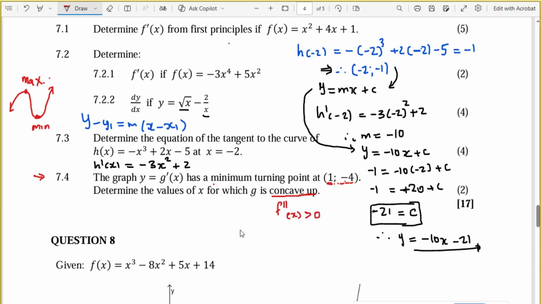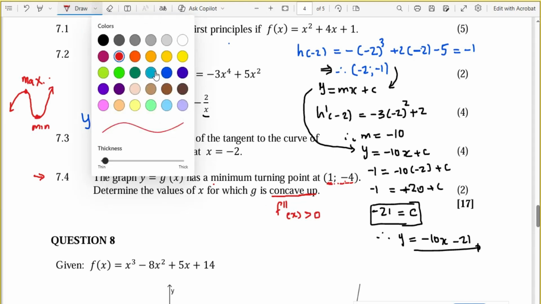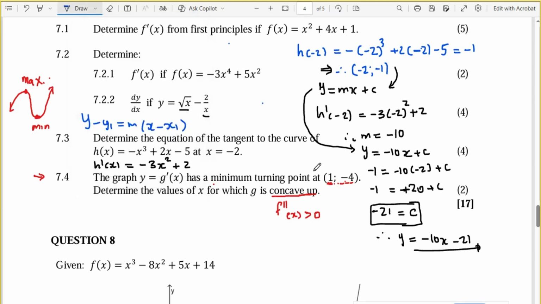Now, when this graph has the minimum turning point, let me quickly give you an example. You see this point, this x value. Since it is the second derivative, it becomes what we call the point of inflection.